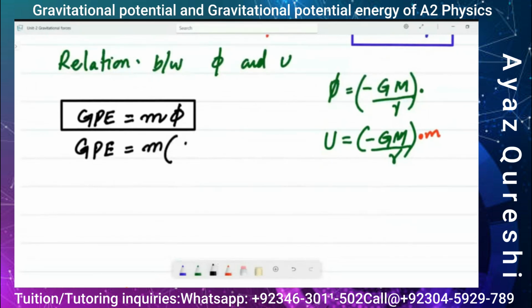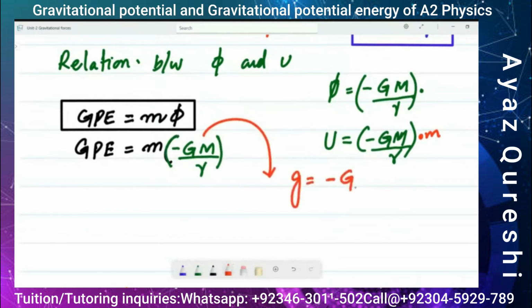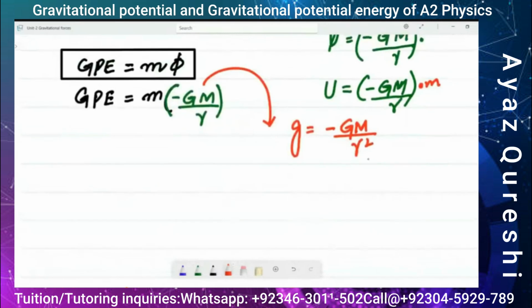Now the next formula: GPE is equal to m times negative GM divided by r. I can transform this with g. You know about gravitational field strength, right? It is minus GM divided by r square. So if I give this one r to g, that will be equal to minus GM divided by r.